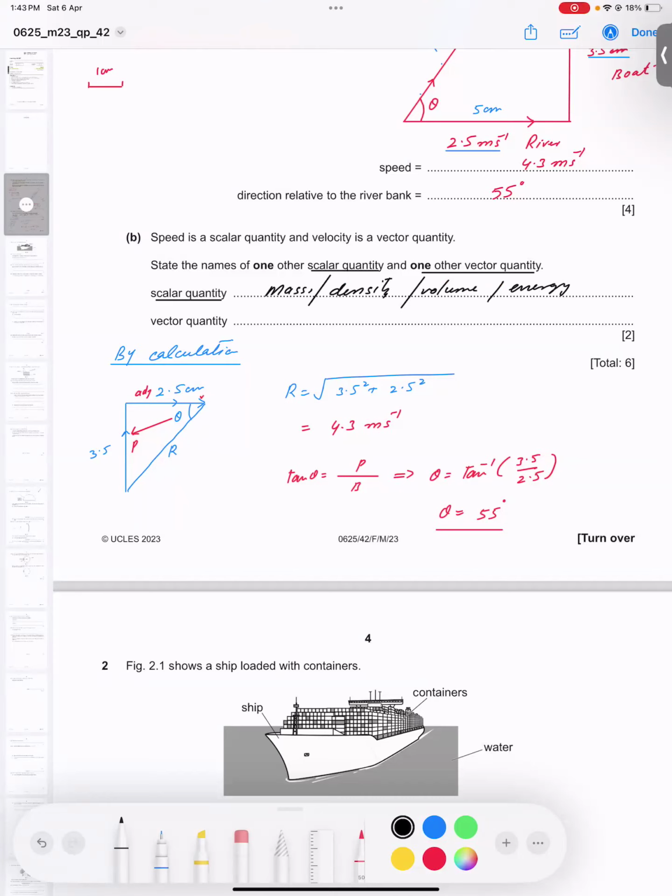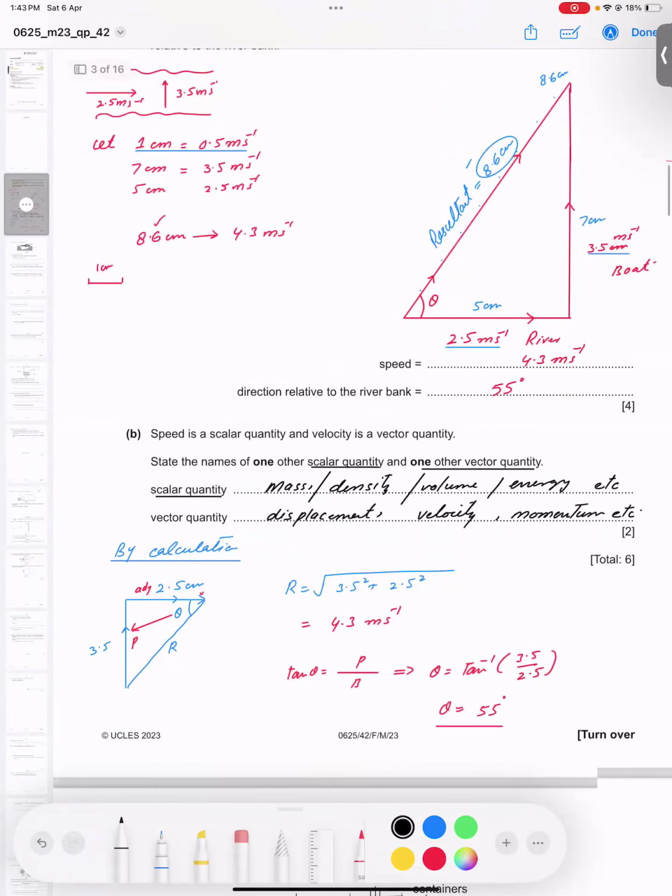For the vector, you can write displacement. Displacement is a vector, the shortest distance between 2 points in a particular direction. You can write velocity, you can write momentum, and so on. So these are more than enough. So this is question number 1.